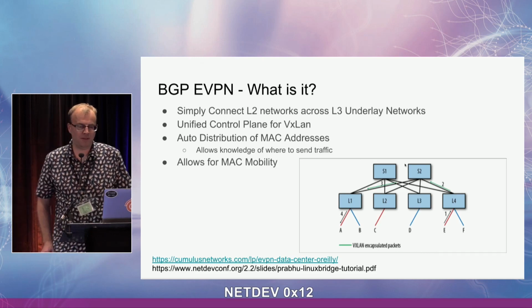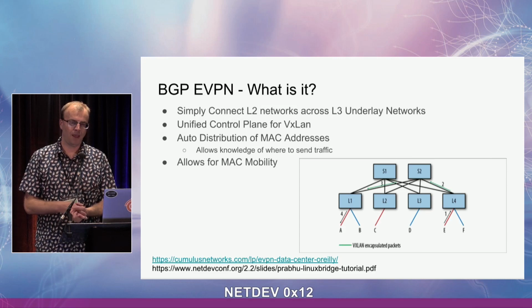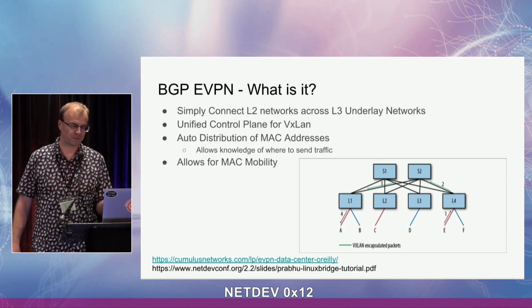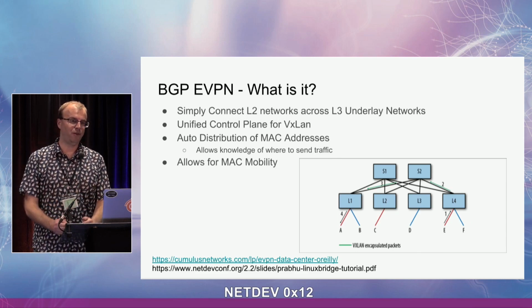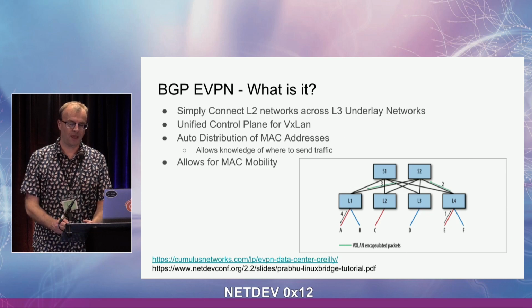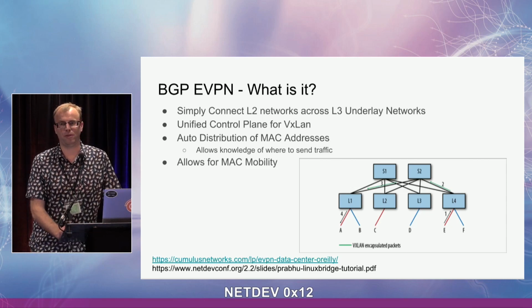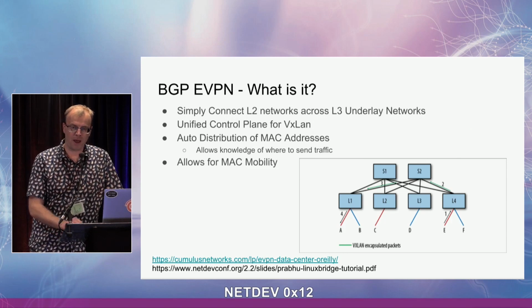All right, so what is BGP EVPN? It takes VXLAN networks and extends the control plane across the data center. So it's layer 2 networks across layer 3 underlay networks. It's a unified control plane. The way it really works is it distributes the MAC addresses around the data center.